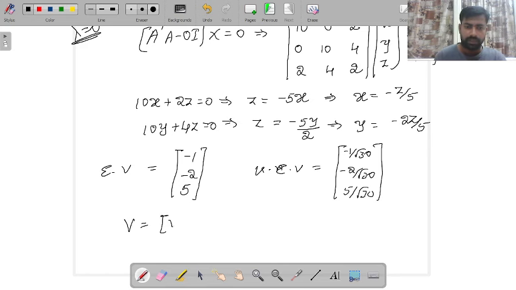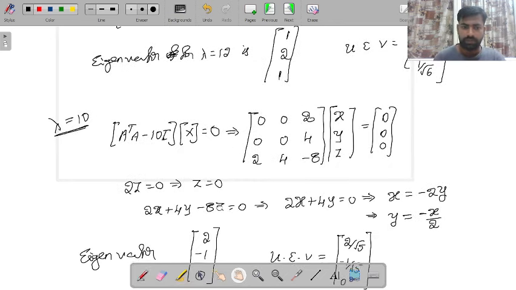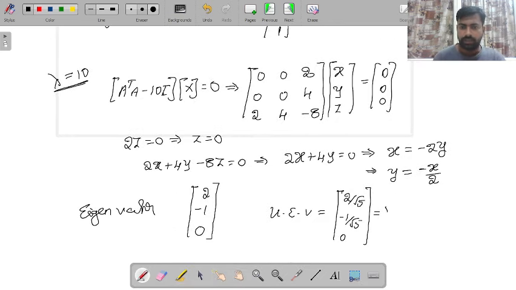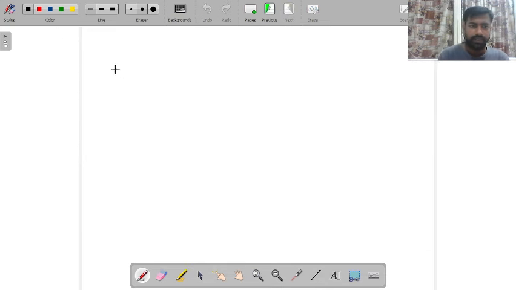So from this you can write what is V. V is nothing but v1, v2, v3, where this is v3 and this is v1 for lambda equal to 12, whereas for lambda equal to 10, let me assume this is v2. Okay, now let us write the singular value decomposition of A. Therefore A equal to U sigma V transpose.